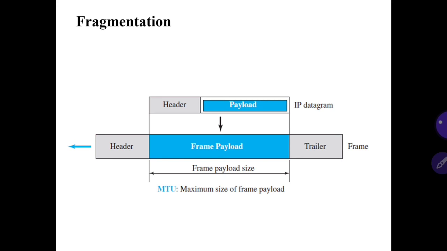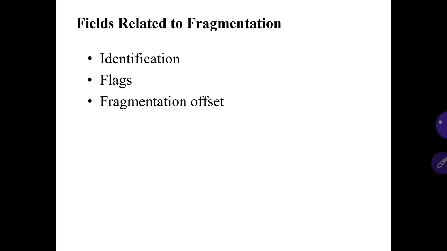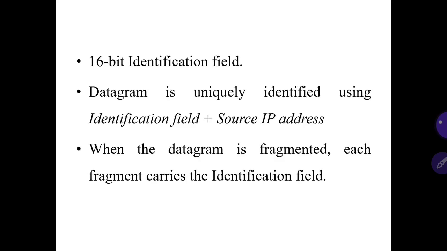Next, how the fragmentation is done. Each fragment must hold identification and flag information, and fragmentation offset information must be provided. The 16-bit identification field is used to represent each fragment. That means 2 to the power of 16, which is 65,536, fragments can be handled by this mechanism.